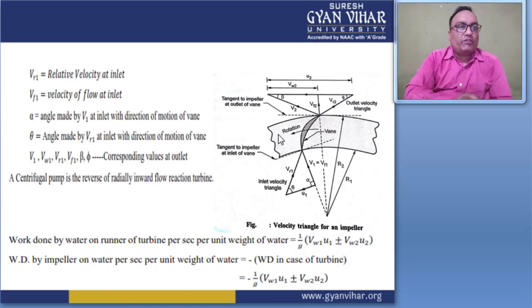Vf1 is the velocity of flow at inlet, and alpha is the angle made by V1 at inlet with the direction of motion of vane, and theta is the angle made by Vr1 at inlet with the direction of motion of vane. V2, Vw2, Vr2, Vf2, beta and phi are the corresponding values at the outlet, similar to these values at the inlet also.